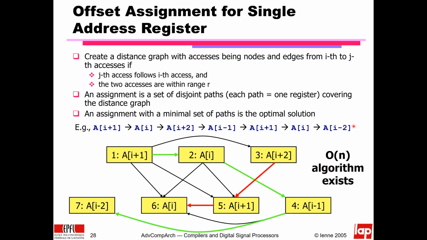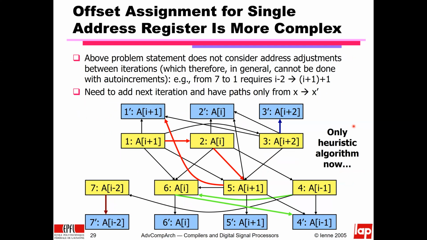And so if you want to represent this, you need to also have nodes for the next iteration, which is here. And then you need to see where you can go to the next one, taking into account that I will be either incremented or decremented between the two.